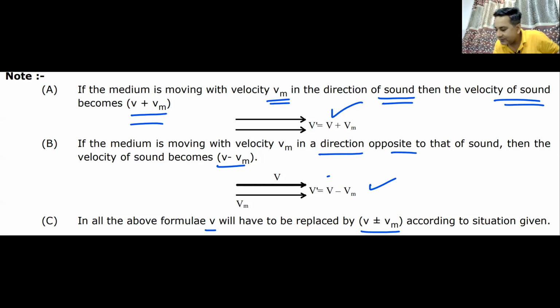Do we understand this? Yes, sir. So in all the cases that you have done, you'll have to replace V, the velocity of sound, by V plus Vm if sound and medium are moving in the same direction, and V minus Vm if they are moving in opposite directions. I'll give you a minute to note this down and understand it correctly.